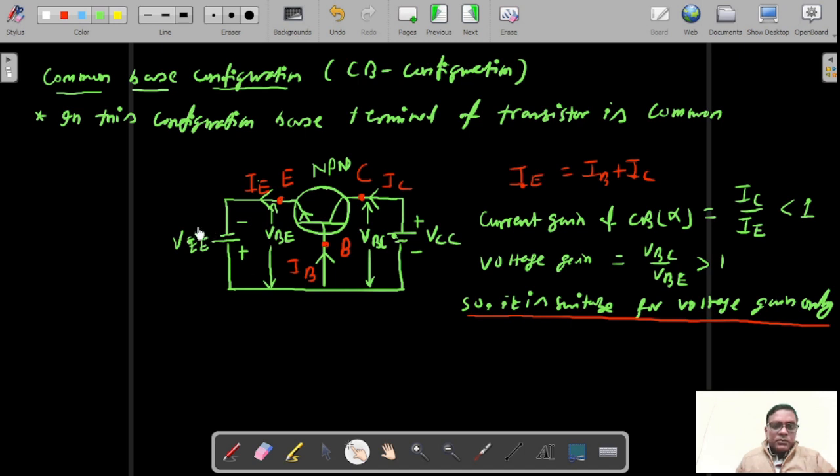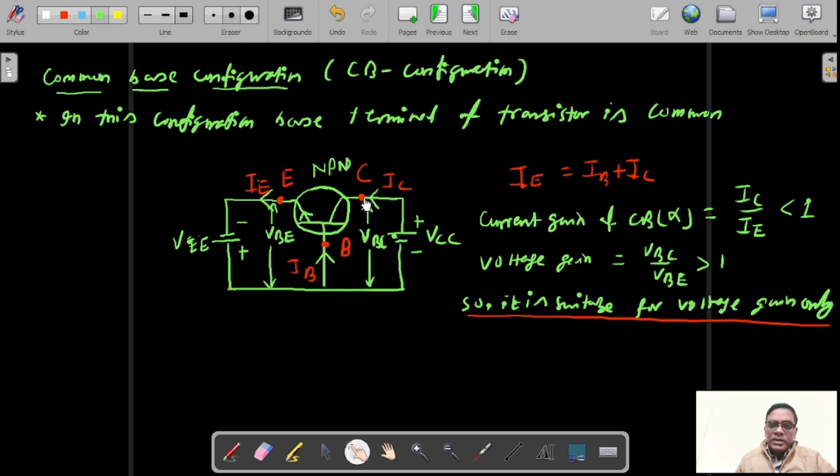Now what is this? This is actually a battery, an external voltage that we have connected to the device. If we see the voltage across base and emitter, here we have the emitter terminal and here the base terminal, the voltage drop between base and emitter terminal is taken as VBE.